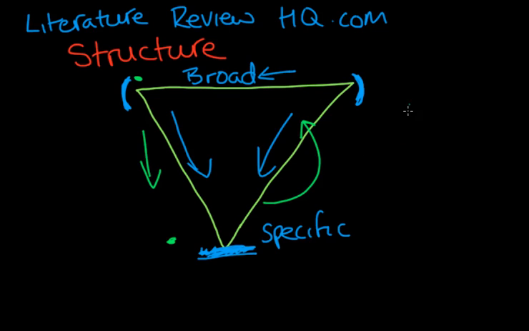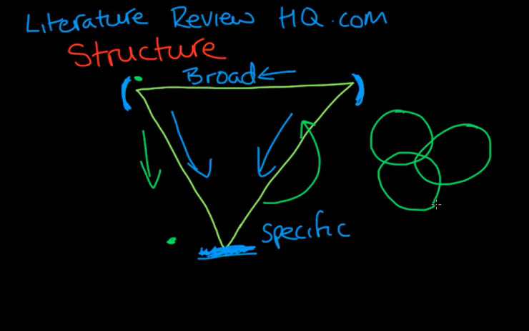Another way to do it is to think of your literature review like some circles. Each of these areas is individual in its own right. They would represent the broad aspects of your literature review, because each individual one is unrelated for the most part.